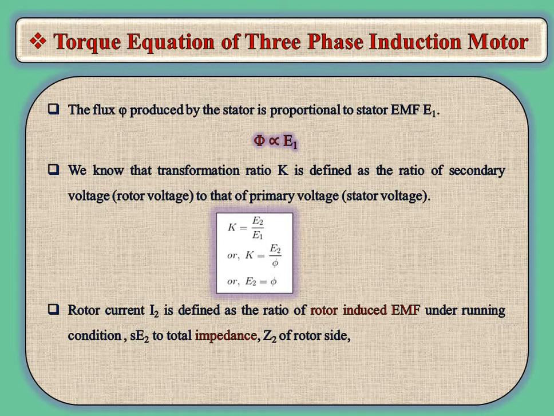Now the rotor current I2 is defined as the ratio of induced EMF at the rotor side to the total impedance Z2 of the rotor side. So mathematically I2 is equal to SE2 divided by Z2, where S is slip, E2 is the induced EMF at the rotor side and Z2 is the total impedance of the rotor side.